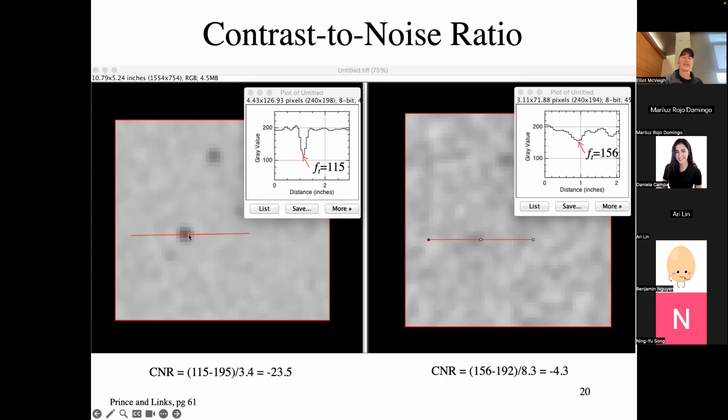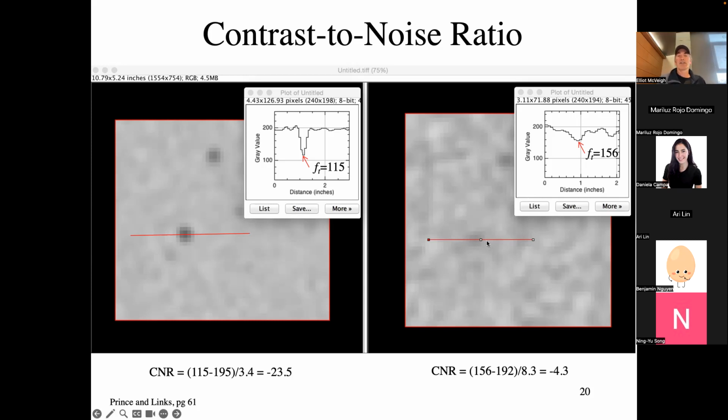And so that tells me that the contrast to noise between this target and the background is minus 23.5. That is a huge amount of contrast. That's way, way more than a person needs to say with 99.9% confidence that it is a target, right?